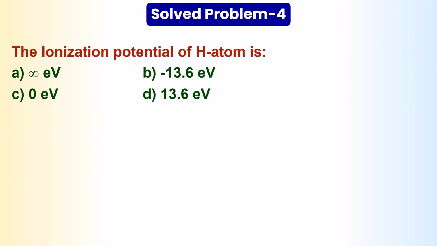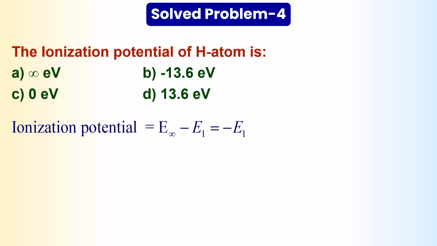Now let us determine the ionization potential of the hydrogen atom. Ionization potential is given by the expression E infinity minus E1. As we already know, the energy of an electron in the infinite orbit is 0.